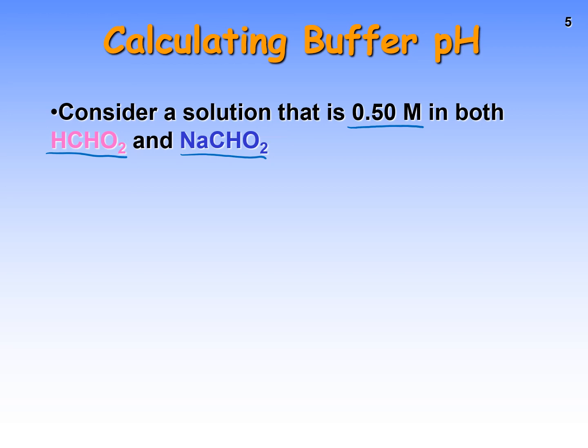Now, sodium formate contains a weak base. So this is a basic salt. And really, we don't care too much about the Na. Really, I just care about the CHO2 minus present in solution.